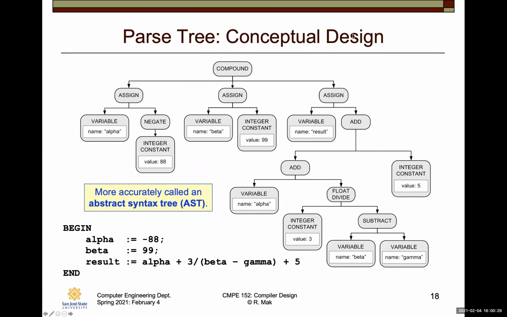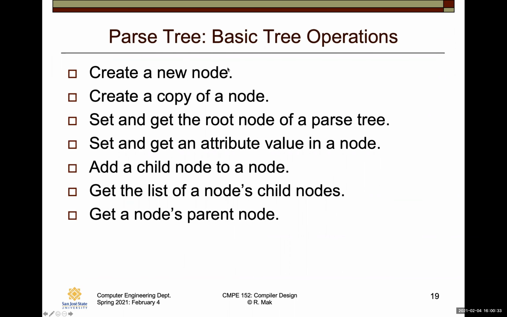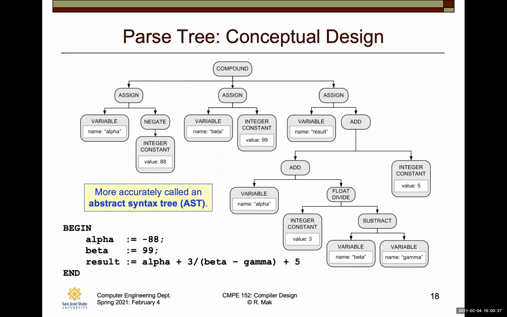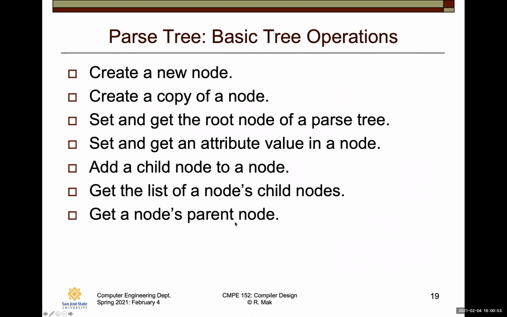Here, of course, the root of this parse tree is compound. You want to get an attribute value of a node. So here's a variable node, and one of the attributes is the name of the variable. Here's an integer constant node, and what's an attribute value? Well, here's the value 3.